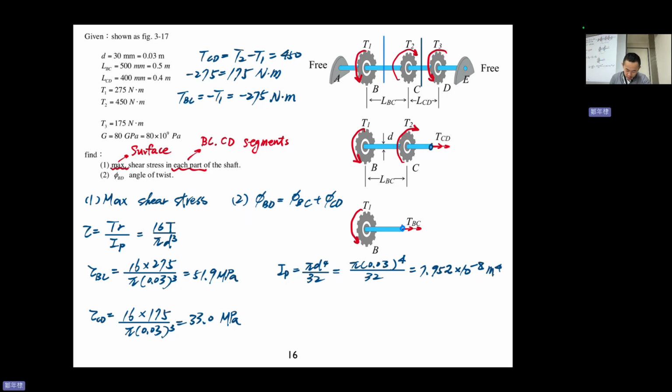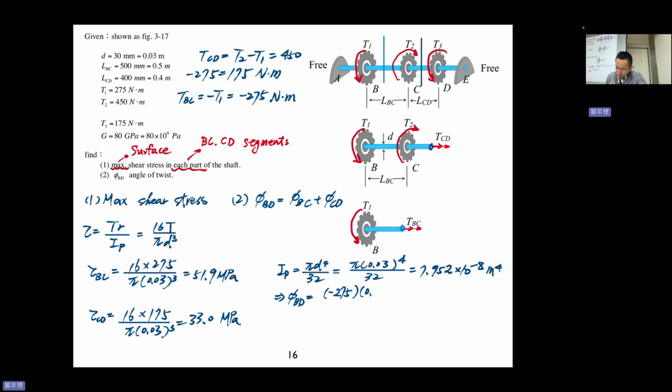So let's take a look. Find phi BD. Okay, here. Phi BD is equal to phi BC plus phi CD. What is phi BC? It is minus 275. Minus 275.